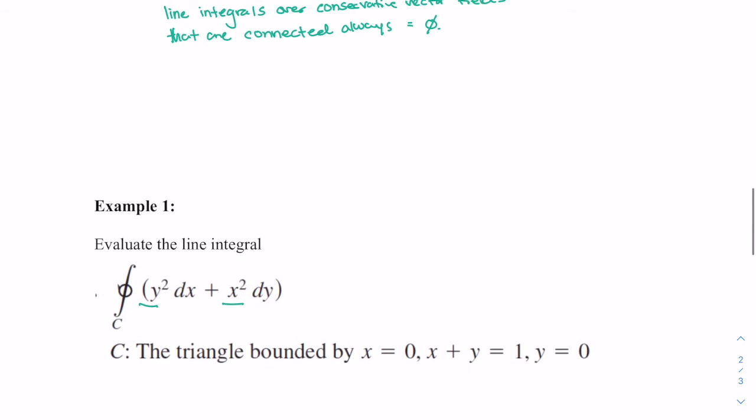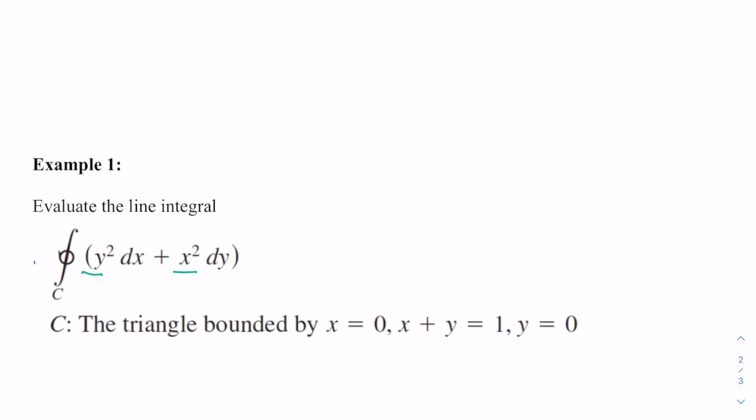That's true if I just do a sketch of what C looks like. So let's just sketch C real quick. C is the triangle bounded by the lines, what is it? X equals 0, which is the y-axis, x plus y equals 1, which would be this line, and y equals 0.